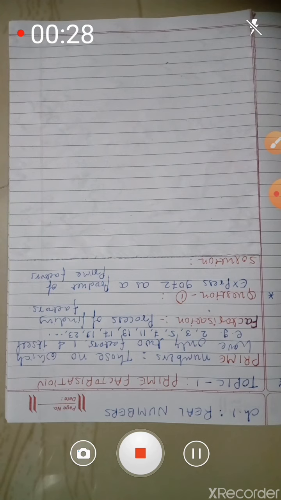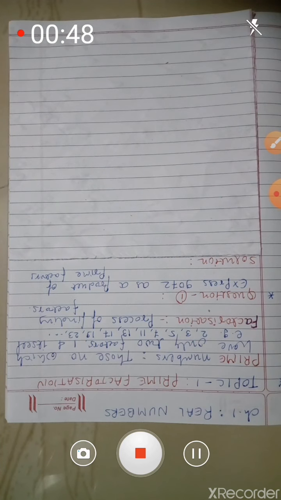Now our topic is prime factorization. It is actually the topic of exercise 1.2 in the textbook. So what is meant by prime factorization? Prime numbers are those numbers which have only two factors, 1 and itself.